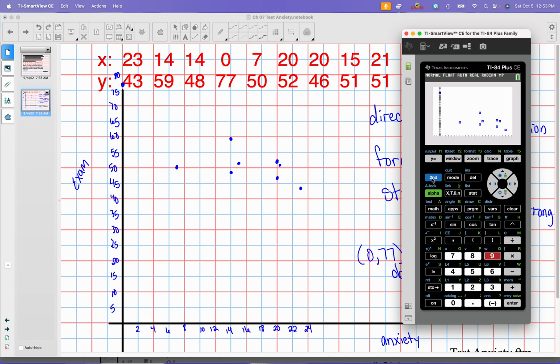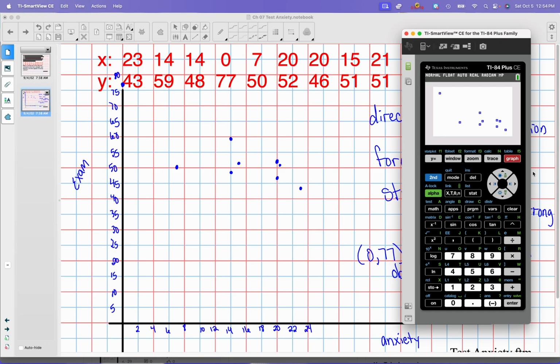So if you go second format, you can actually turn your coordinates, your axes off. If you turn the axes off, of course, you'll have to remember to turn them back on when you want them, but you just get a really clear picture.